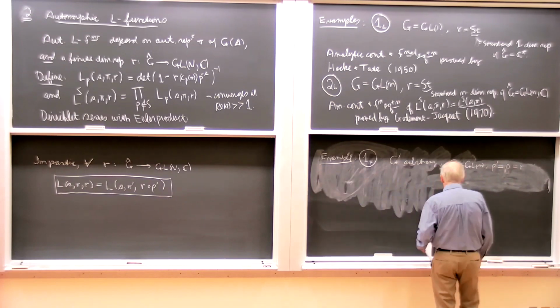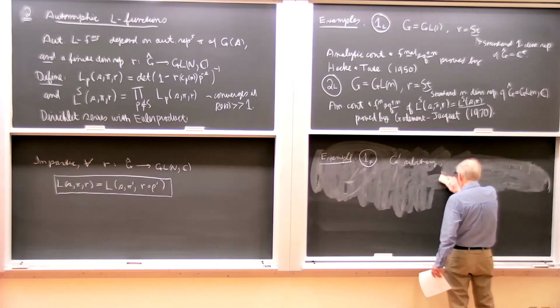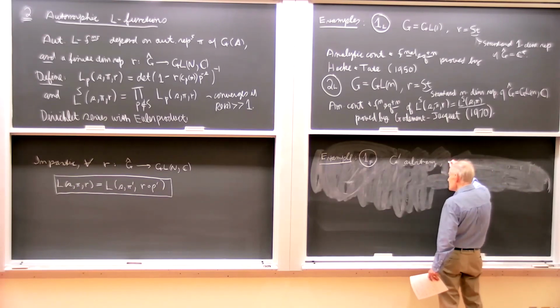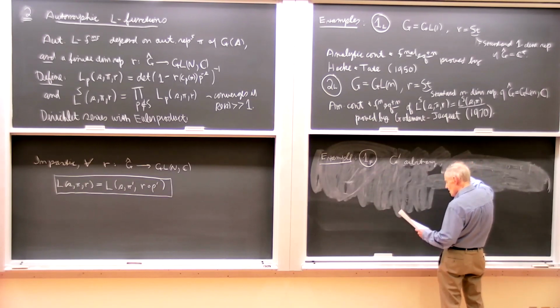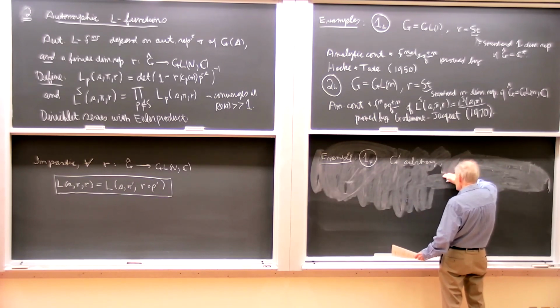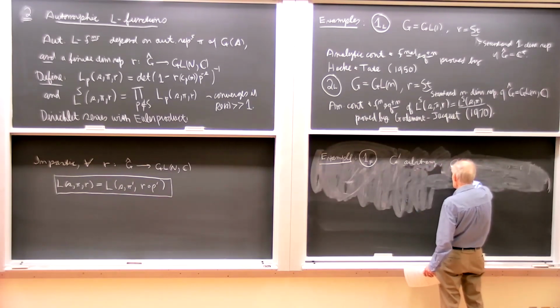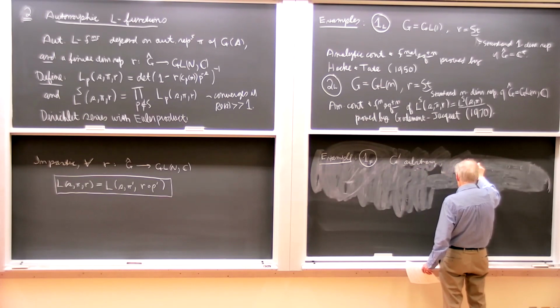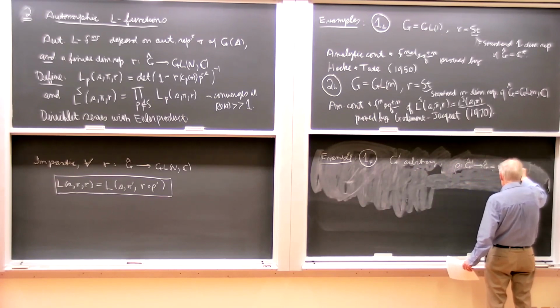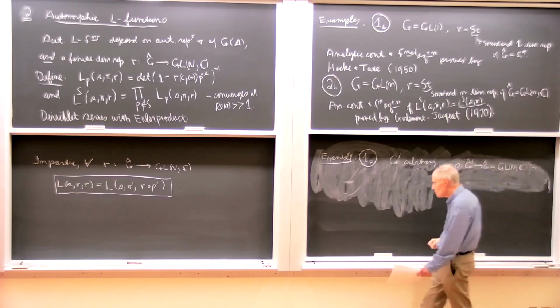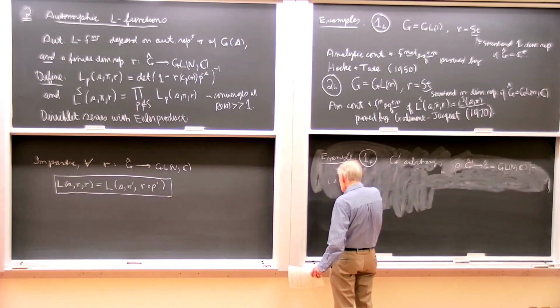G equals GL_n. And let me take R. So now I'm interested in an automorphic L function. So R is the standard representation. So G is arbitrary. G is a general linear. Rho is a map from G prime hat to G hat. And I want to take that to be GL_n(C). In other words, I want G equals GL_n.